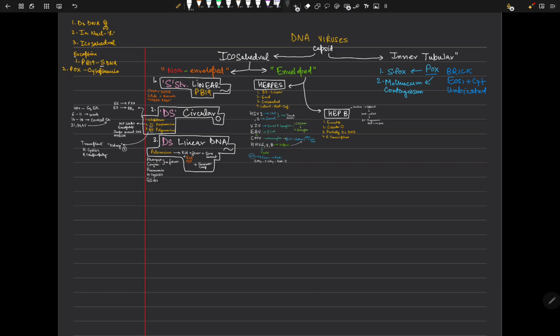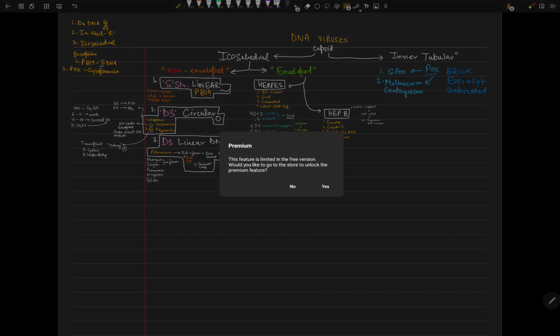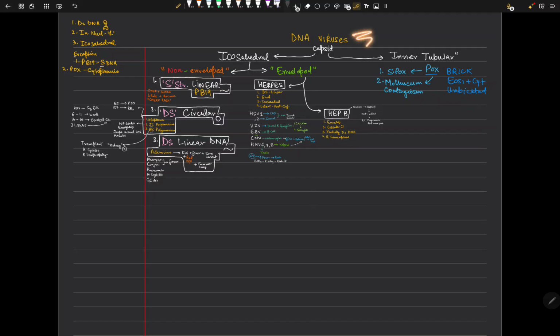The only single-stranded DNA virus is Parvo B19, single-stranded linear DNA. The only DNA virus that replicates in the cytoplasm is smallpox. The only DNA virus that uses reverse transcriptase is hepatitis B. JC virus, jumping around the myelin, is double-stranded circular DNA.